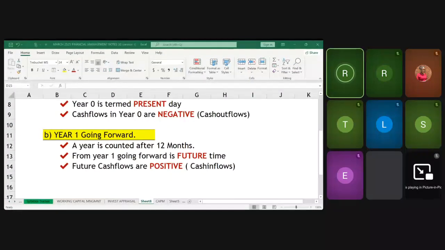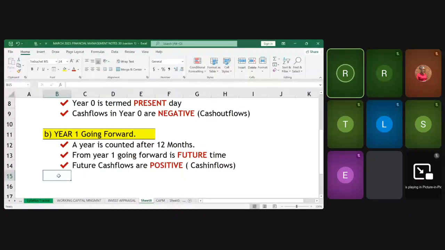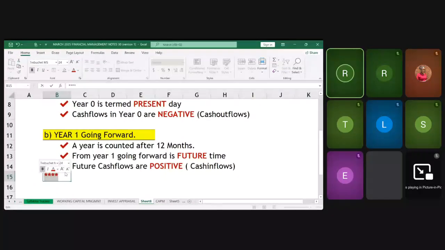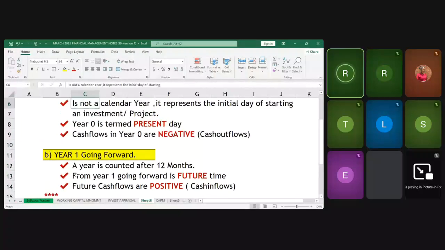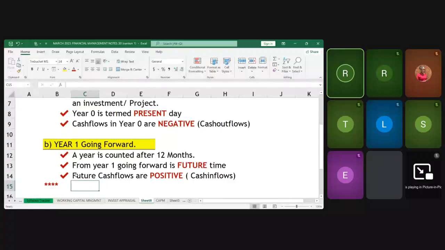So these are the two types of times that we have under investment appraisal. The present day is year zero, future time from year one going forward.